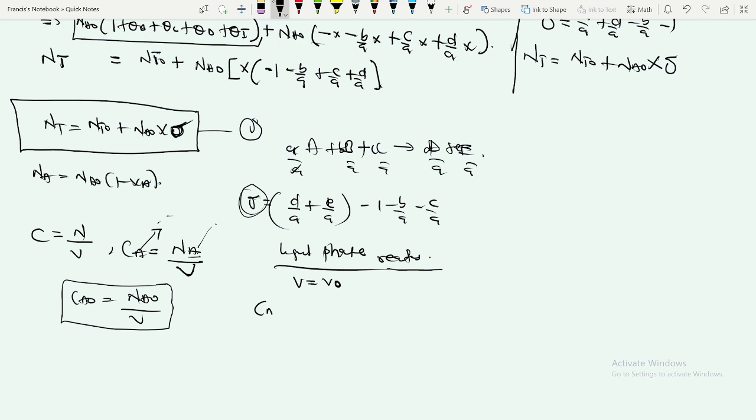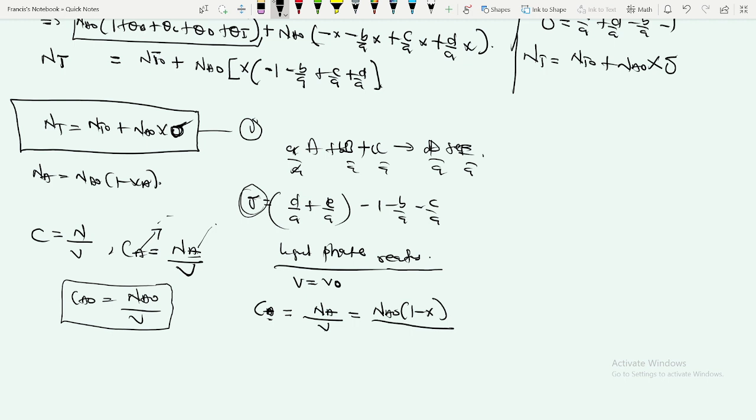So when I want to find the concentration of A, I'm using A as any species, the concentration of A remaining will always be the moles of A remaining all over the V. And N_A is equal to, in terms of the initial moles present, N_A0 (1 minus X). I'm using X because now we have a fixed conversion, the conversion of the limiting reactant, and that's what we use throughout.